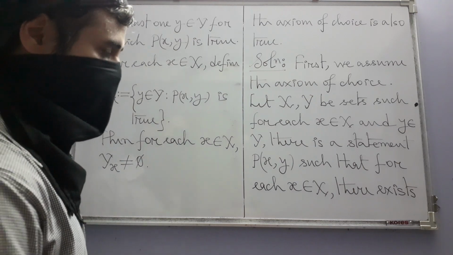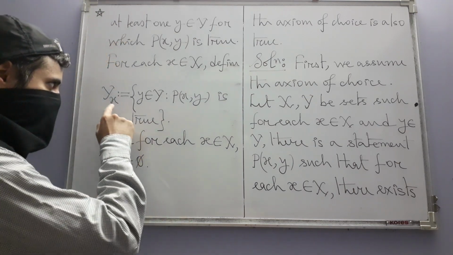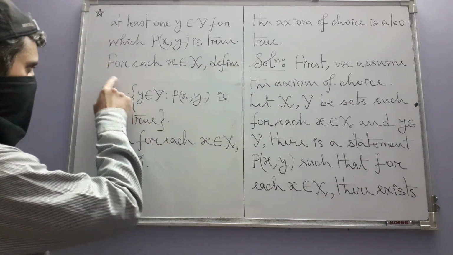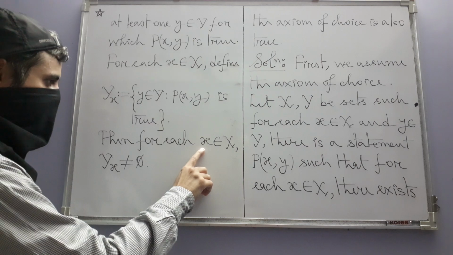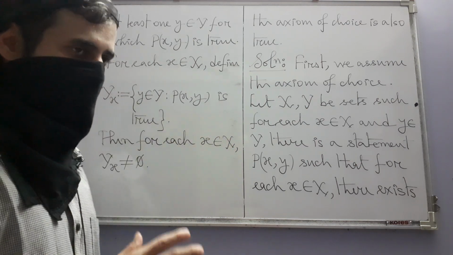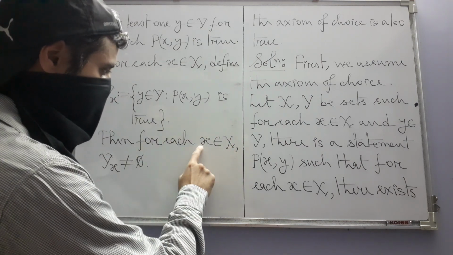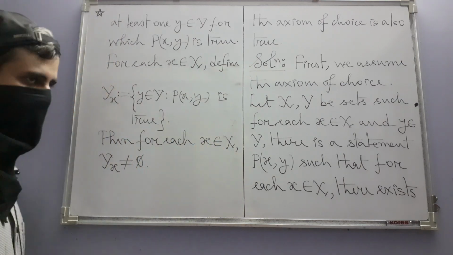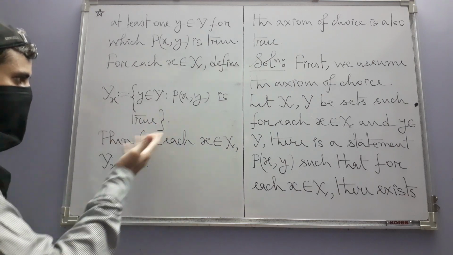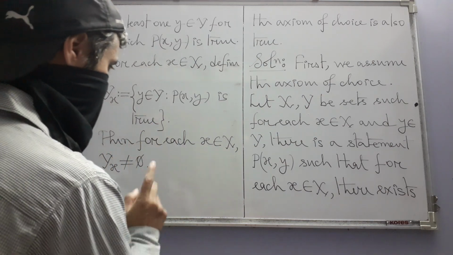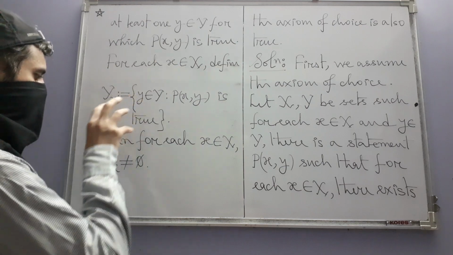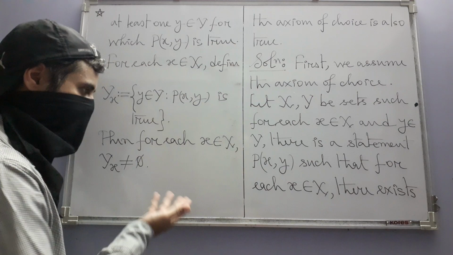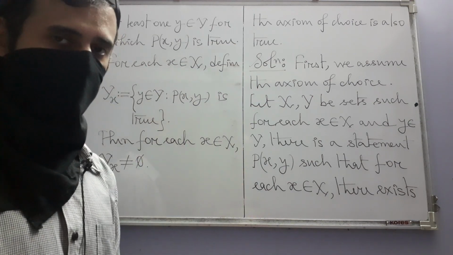So that means we are looking at a family of sets. Which sets? Yx. And the index set in this case is x, because the elements in x are labeling these sets. And each set in this family is non-empty. So this is a perfect place to apply the axiom of choice.